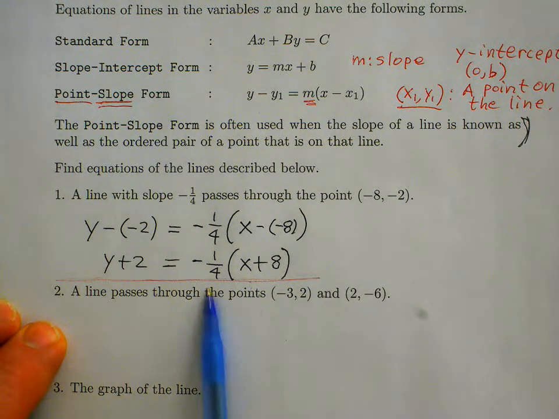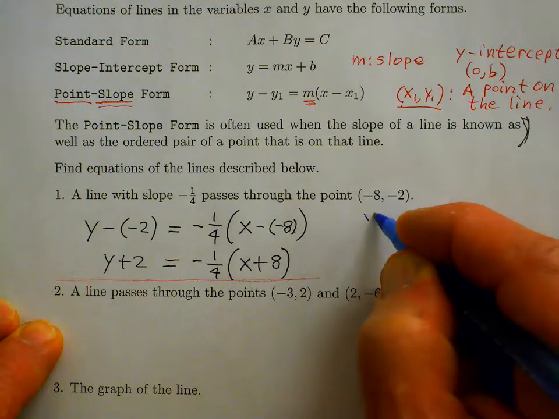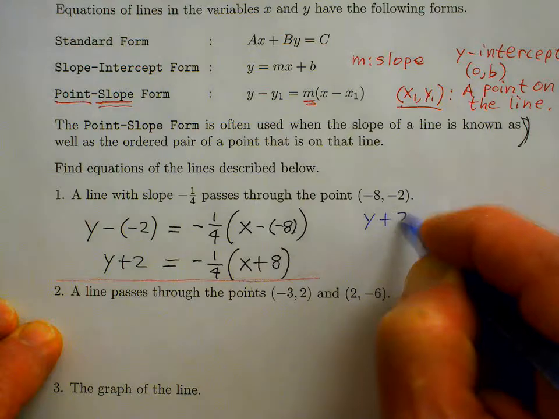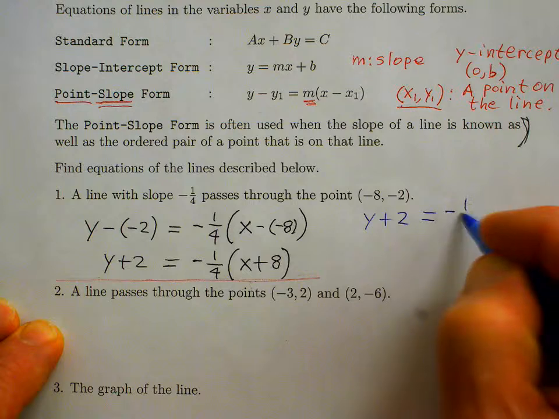Okay, so if we want to write this in slope-intercept form, first we distribute multiplication by -1/4 on the right-hand side. So we'll leave the left-hand side the same momentarily. And then -1/4 times x is -1/4 x.